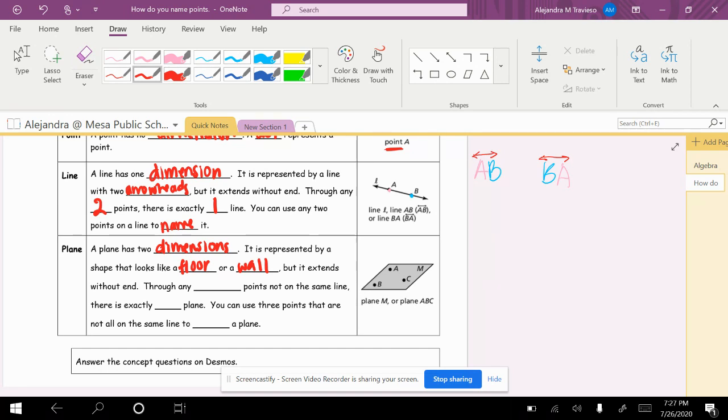Never ending. So through any 3 points not on the same line, there is exactly one plane. You can use 3 points that are not all on the same line to name a plane.